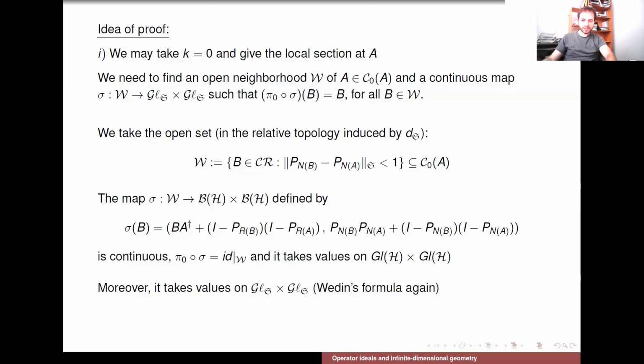And if we restrict our map to this set above here with the condition in the norm of the operator ideal, we get that all the projections have zero index between them, and we get the continuity of the Moore-Penrose inverse. So we then obtain the continuity of this map, sigma.